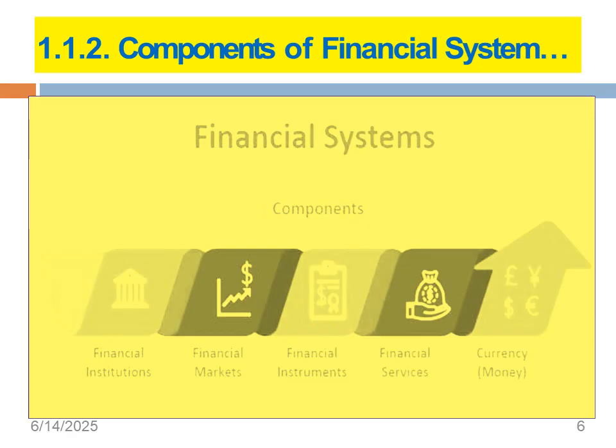The components of financial systems: as you know, financial system consists of financial institutions. That means without financial institutions, there is no financial system. Financial markets, that is an invisible place where we can exchange our financial assets with money or currencies.